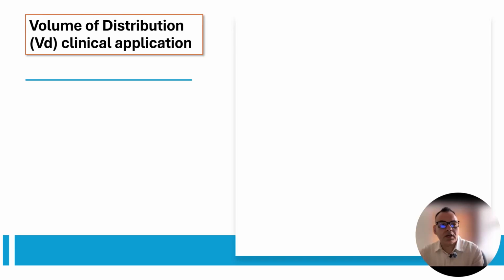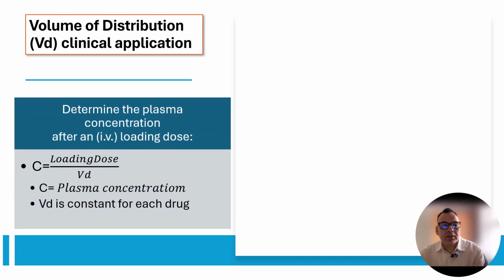What are the practical applications of the volume of distribution, or how can we use it in clinical practice? We can determine the plasma concentration after an IV loading dose.